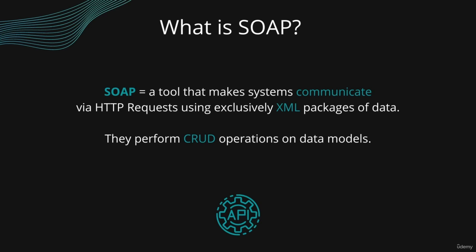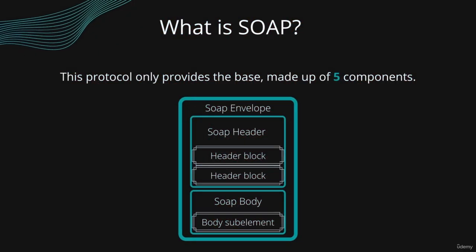The S in the SOAP naming of SOAP APIs stands for simple, and the SOAP protocol only provides the simple base for complex implementations. This base is made up of 5 parts.